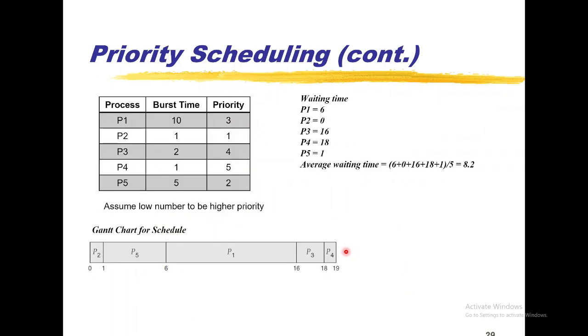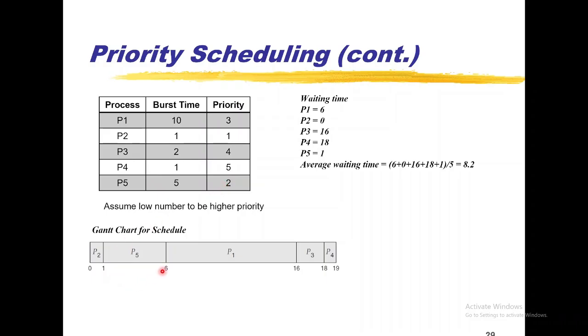Now, let's look at priority scheduling here, and we're assuming that a low number means higher priority. We have processes here: P1 has a burst time of 10 and priority of 3, P2 has burst time of 1 and priority of 1, P3 has burst time of 2 and priority of 4, P4 has burst time of 1 and priority of 5, and P5 has burst time of 5 and priority of 2. When we are running, we start immediately with priority 1, the highest priority. P2 is executed first, and then P5 comes next because it has priority 2.